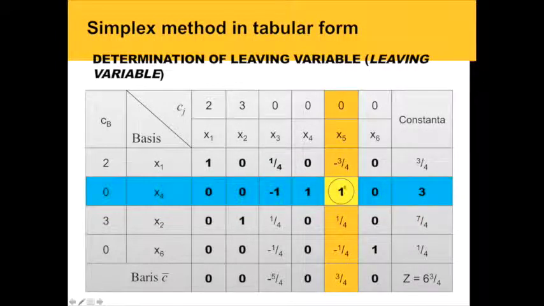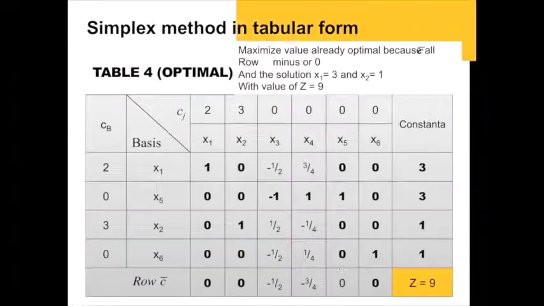This is our pivot point, and it will remain 1, and the others will become 0. You can see, guys, x5 will enter the variables, okay, with its value also.